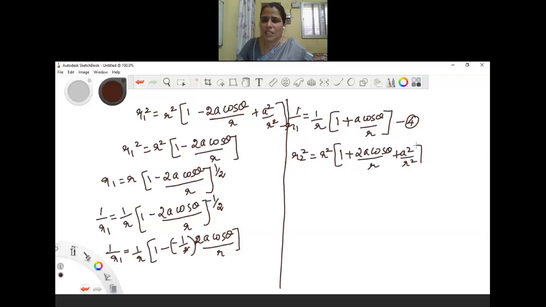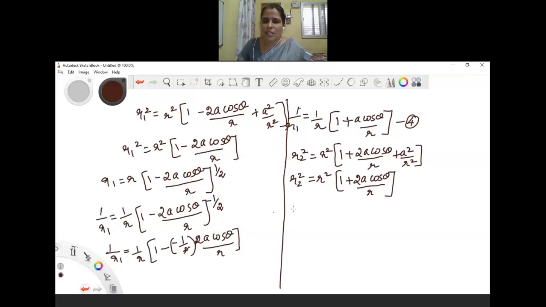Again we are neglecting the higher order terms. So we will have only r2 square is equal to r square into 1 plus 2a cos theta by r.